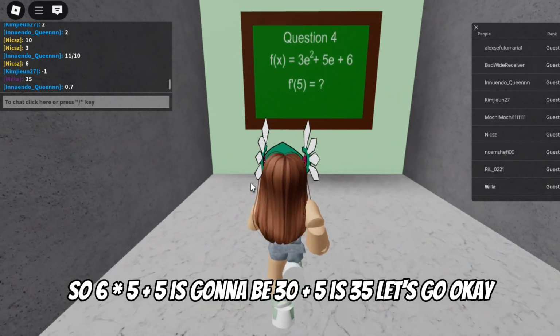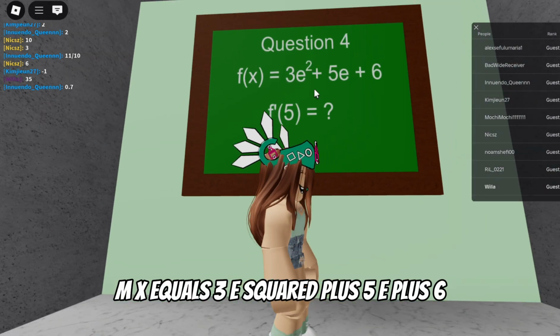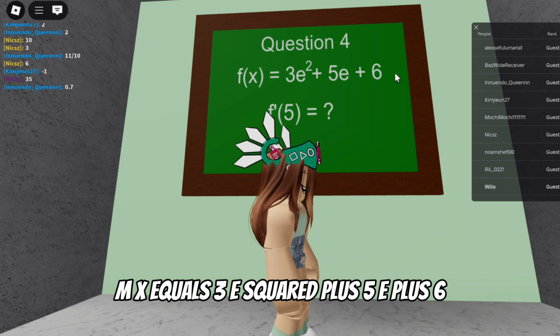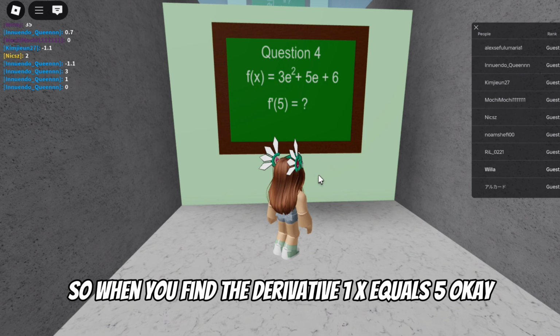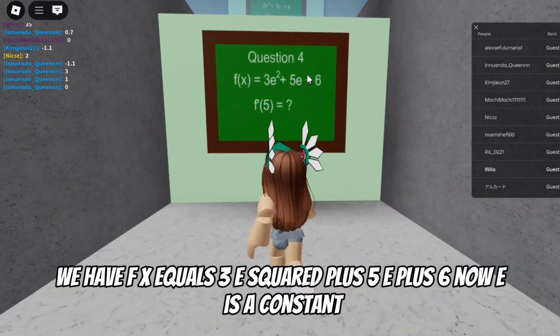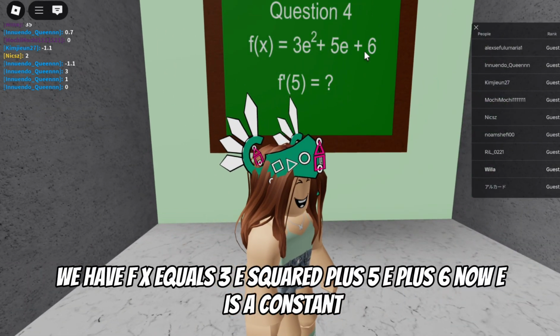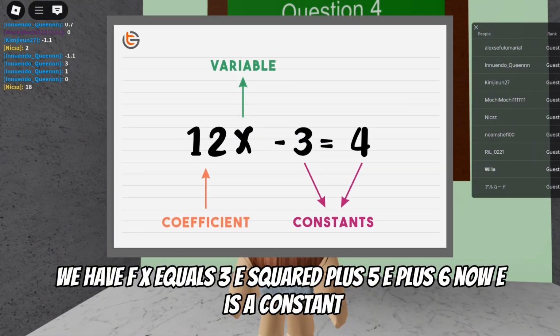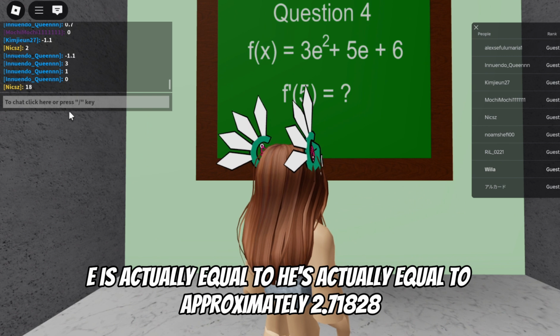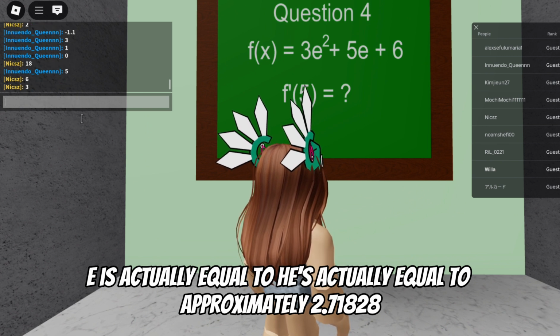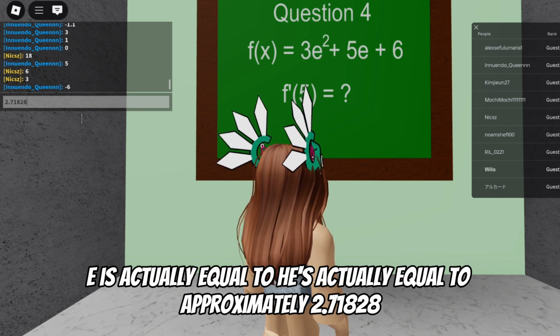Let's go. Okay, f of x equals 3e squared plus 5e plus 6. So we need to find the derivative when x equals 5. Okay, so for this one, we have f of x equals 3e squared plus 5e plus 6. Now e is a constant. E is actually equal to approximately 2.71828.